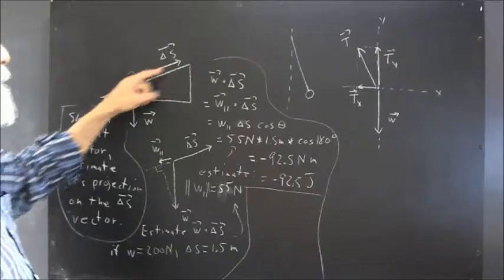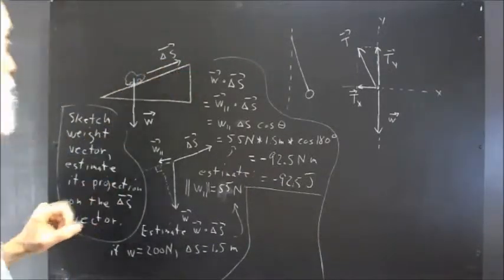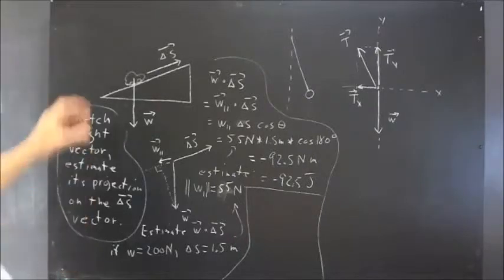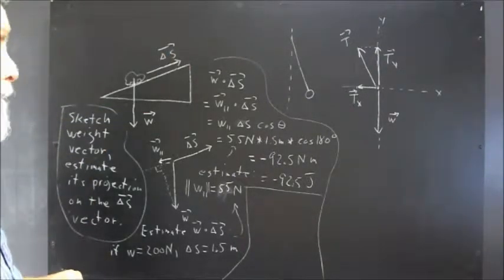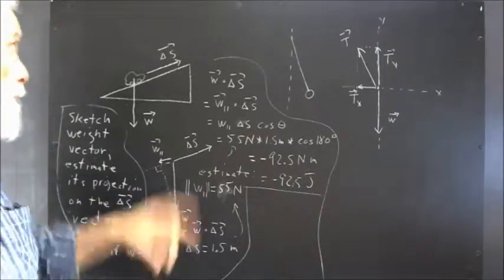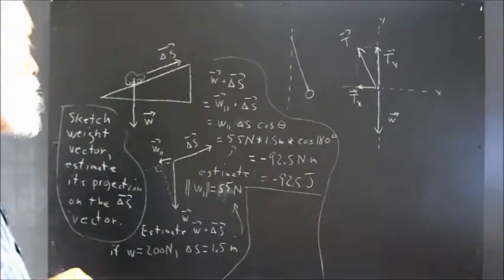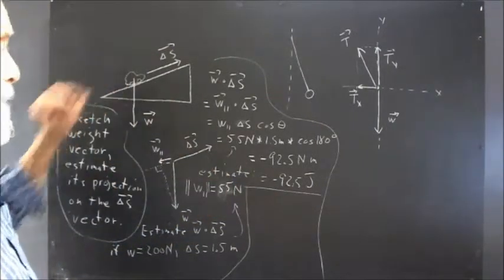Now, the only way we have a delta S here, there are two ways. I could be pushing the car up the hill, or the car could have enough initial velocity to travel the displacement delta S. In the case where the car is coasting and has enough velocity to travel through this displacement, then this is going to equal the change in the car's kinetic energy.